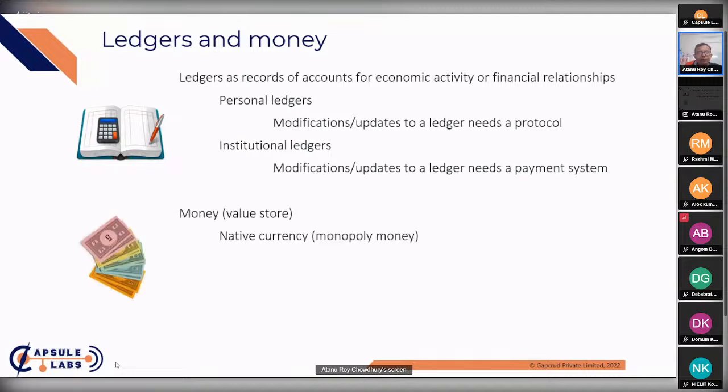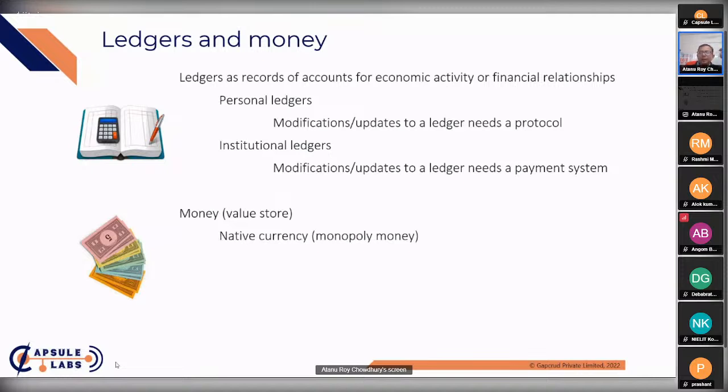The second thing we have to worry about is money, right? Which in this case acts as a store of value, right? And in money itself, we have something called native currency. Native currency is something that is local within the context of that particular transaction, right?